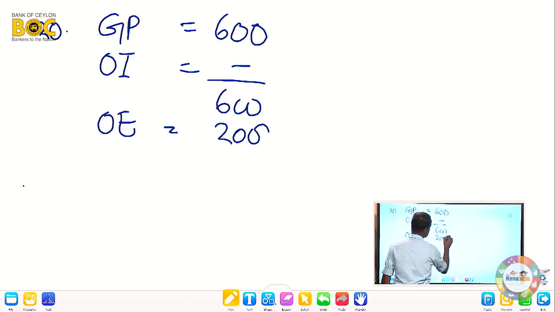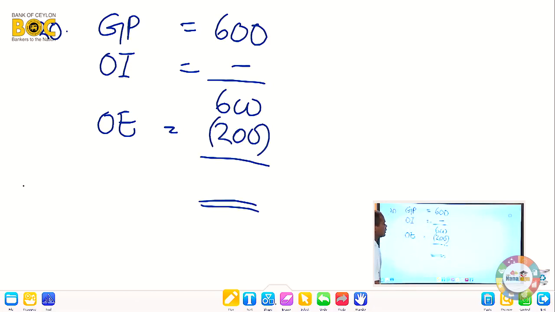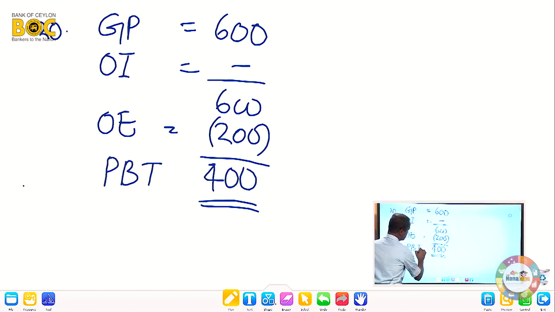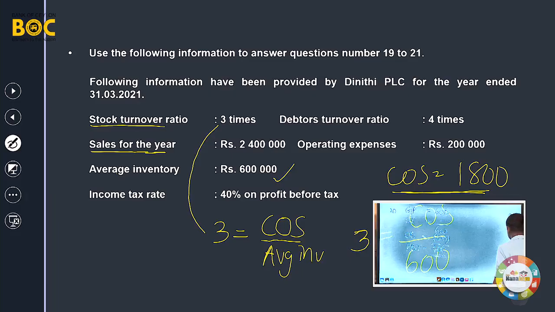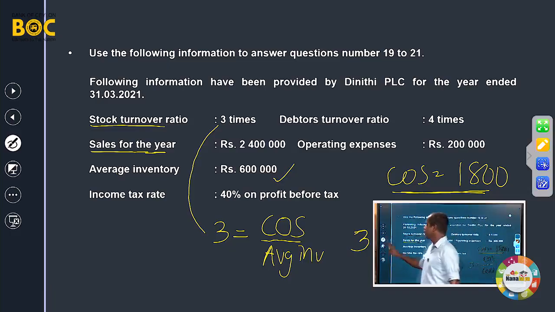You minus it and you get 400,000 as the profit before tax. The profit before tax is 400,000 rupees.